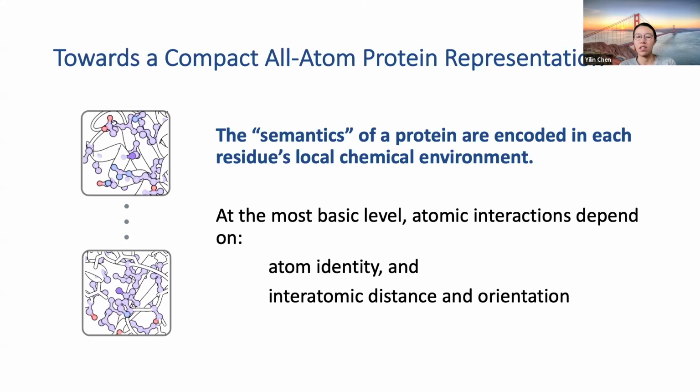We hypothesize that what matters is what's in these little figures, what is around each atom. Essentially this breaks down into pairwise atomic interaction, sort of a first-principles way: the types of atoms interacting with each other, and their distance and orientation.